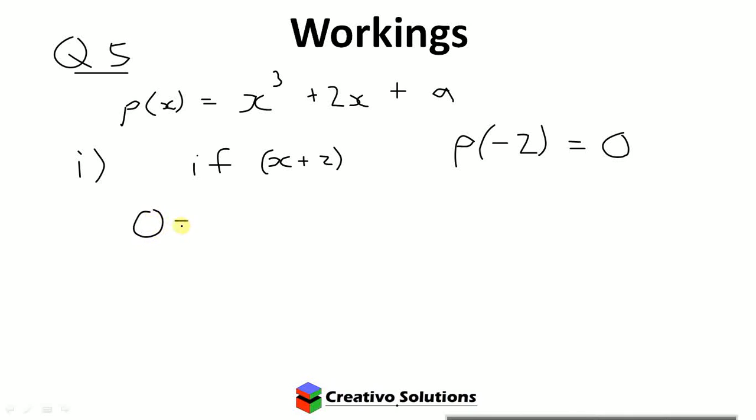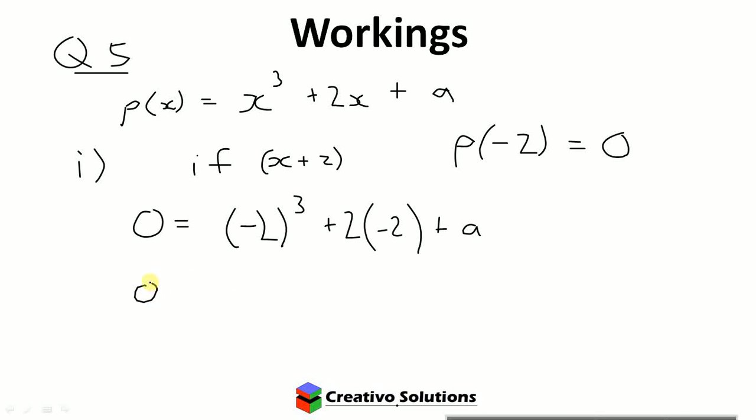0 equals minus 2 to the 3 plus 2 times bracket minus 2 plus a. Given that, find the value of a.